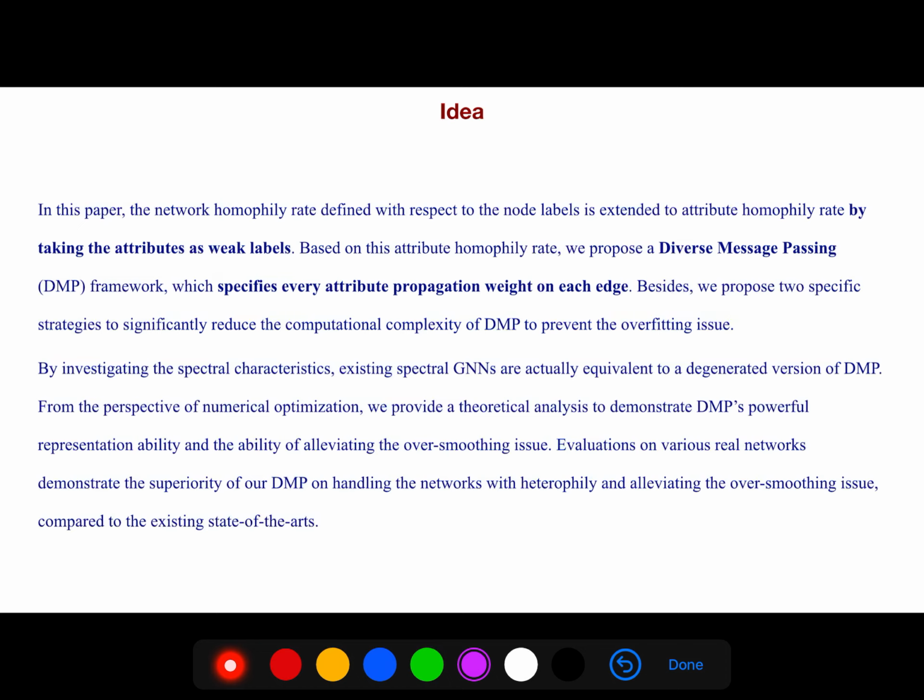Besides, we propose two specific strategies to significantly reduce the computational complexity of DMP to prevent the overfitting issue. By investigating the spectral characteristics, existing spectral GNNs are actually equivalent to a degenerated version of DMP.